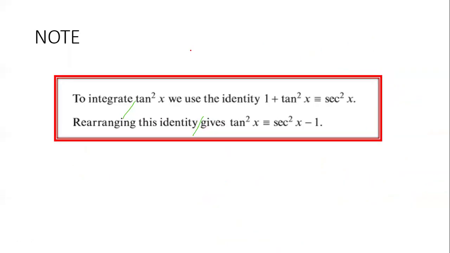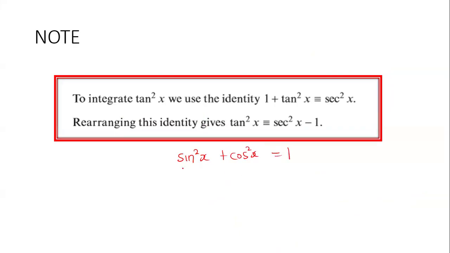Hope we still have some energy and we look at this. Now, when we have to integrate tan squared x, we shall use that identity. But do not forget how that identity comes about. We know that sine squared x plus cos squared x is equal to 1.